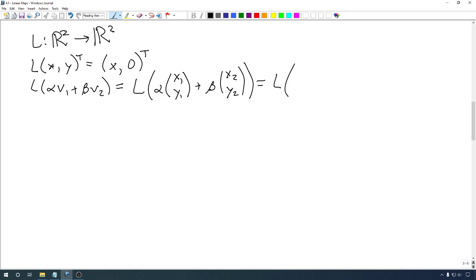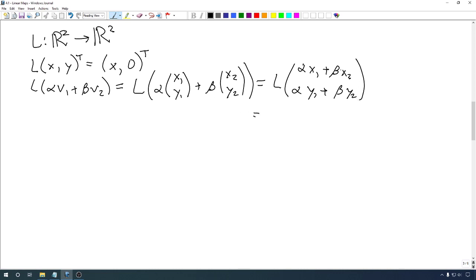We need it in the form of (x, y) in order to use this definition. So what we need to do is just do the addition and scalar multiplication, and hopefully it's not too hard to see that what we're going to get for our first term is alpha x1 plus beta x2, and for the second part is alpha y1 plus beta y2.